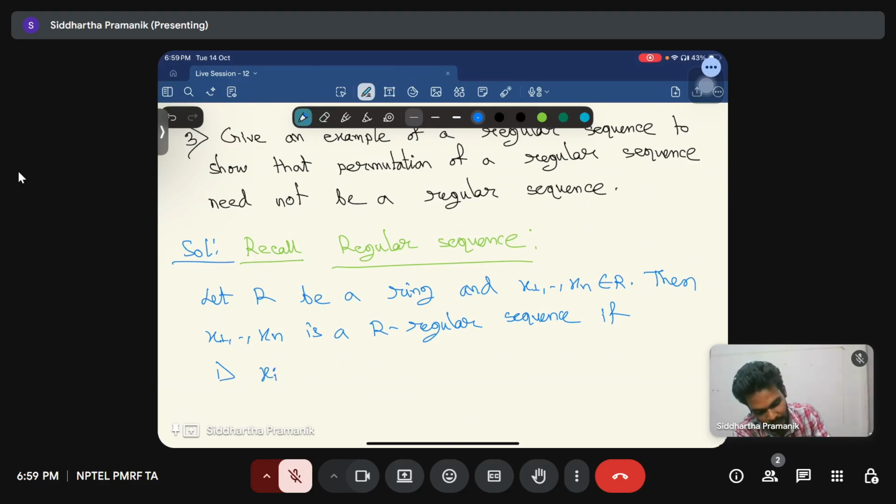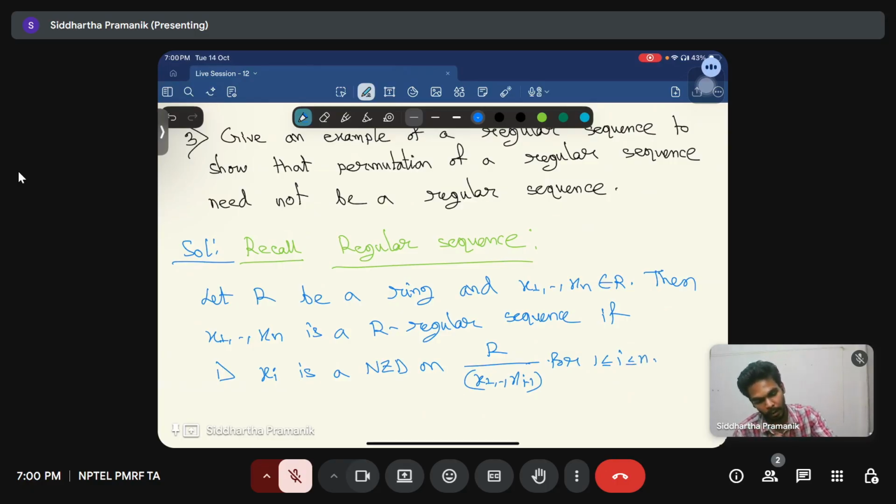This xi is a non-zero divisor on this R module, means this quotient. This is for all 1 less than or equal to i less than or equal to n.